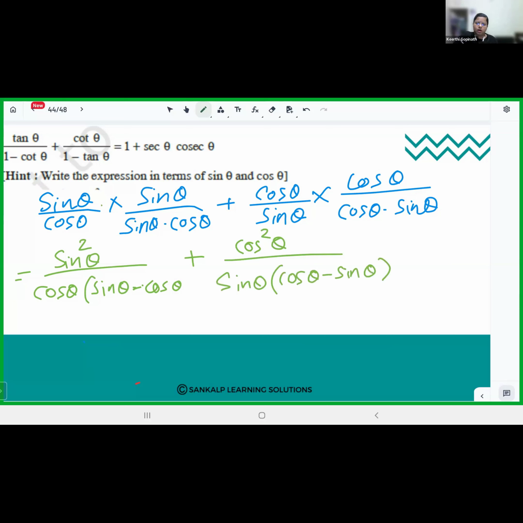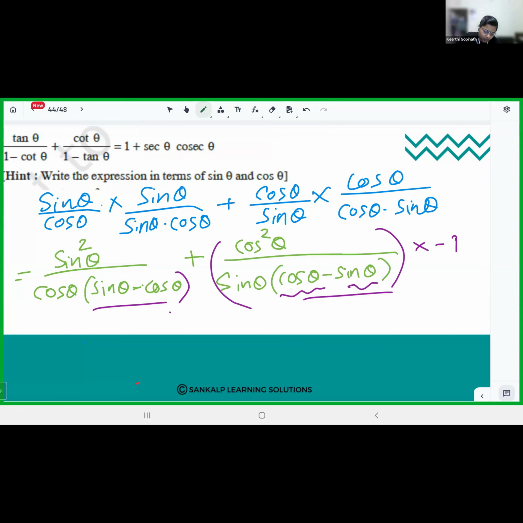Alright. In order to take the sin theta minus cos theta outside, if you check, only this term is common, but that too it is reversed, right? So for making it sin theta minus cos theta, I am multiplying this term with a minus one. Then this will change and become sin theta minus cos theta.